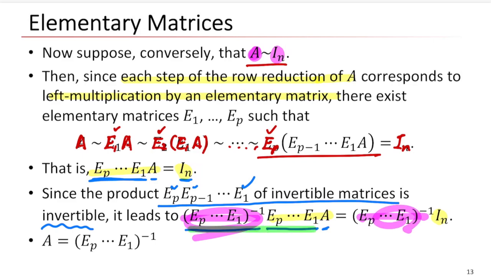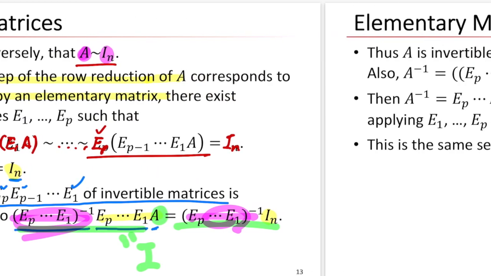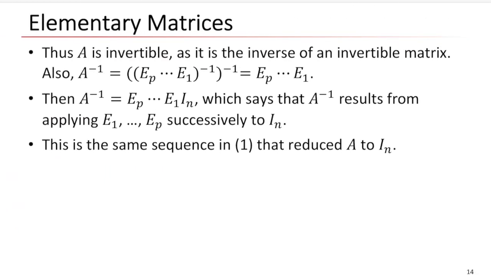Then this should be what? The identity matrix, right? Then finally we can get A equal to this one, right? Then A is invertible by definition.